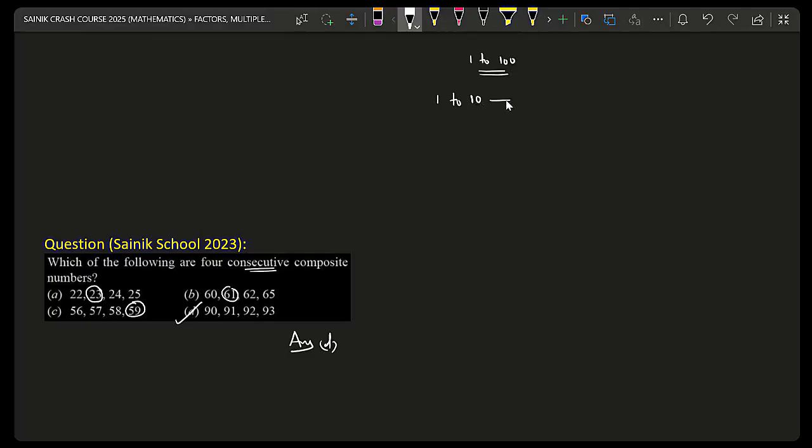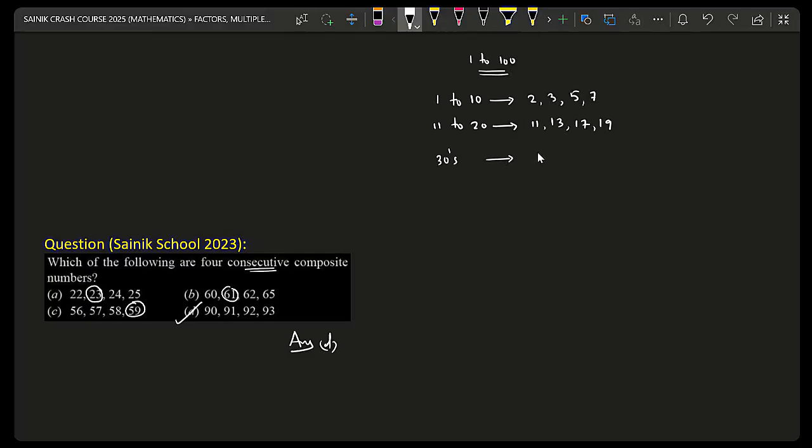So let us check prime numbers up to 100. From 1 to 10, what are the prime numbers we have? 2, 3, 5, 7. 11 to 20, what are the prime numbers we have? 11, 13, 17, and 19. In the 30s, how many prime numbers are there?